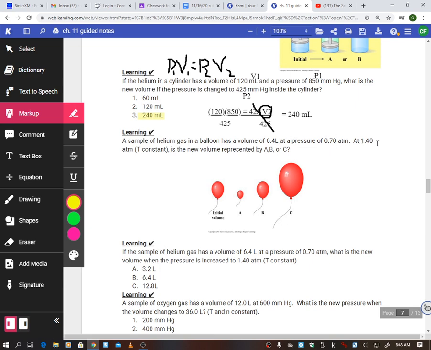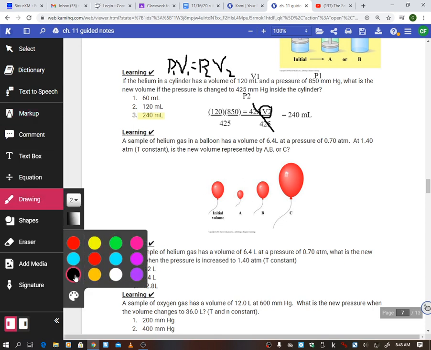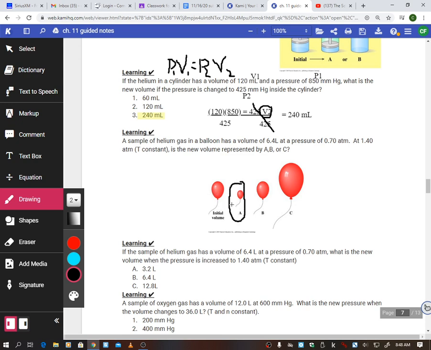It goes from 0.7 to 1.4. They want to know, what does my balloon look like? Does it stay the same at B? Does it get smaller or does it get bigger? It's similar to what they just did in the video. So if my pressure has increased, my volume then is going to decrease, which means that it is going to look like balloon A. The volume has decreased.